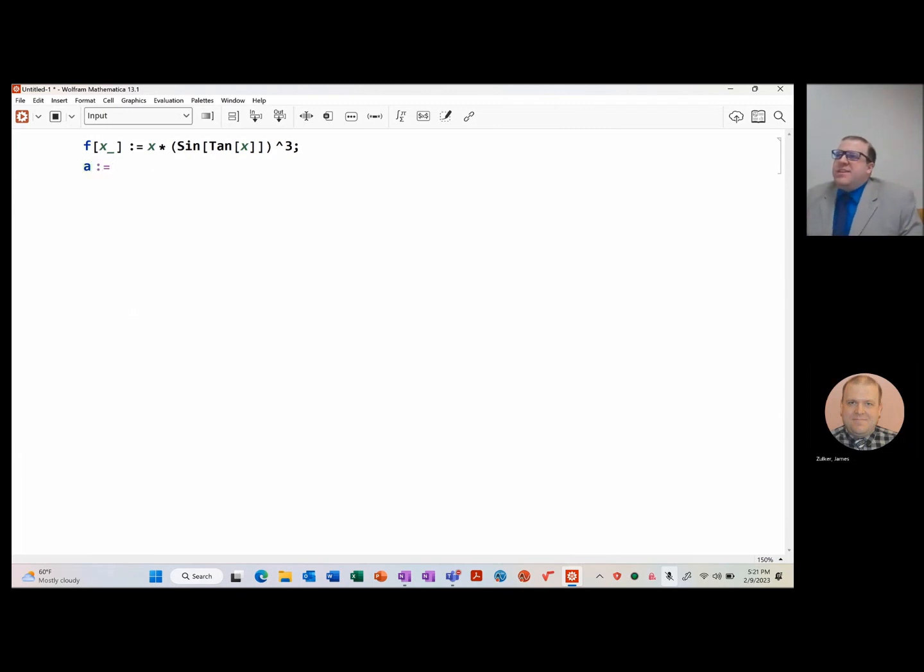I'm going to set a to be the lower limit of integration, which is 0. Set b to be the upper limit, pi over 4. I'm going to define a function delta x, and define this as a function of n.